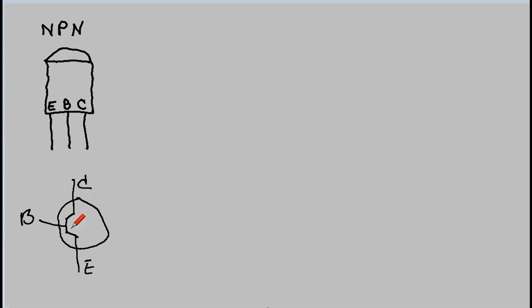And here is a little arrow, and the little arrow is always on the side of the emitter. So when you look at this in a schematic, you're not going to see the CBE. What you're going to see is this little schematic here, and depending on where the arrow is, it's either an NPN or a PNP.